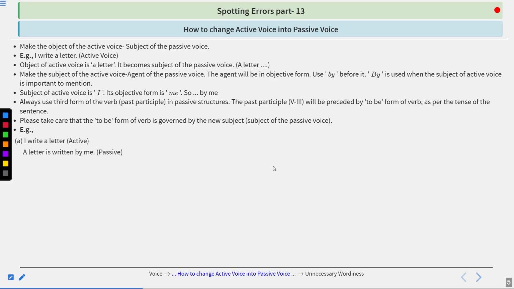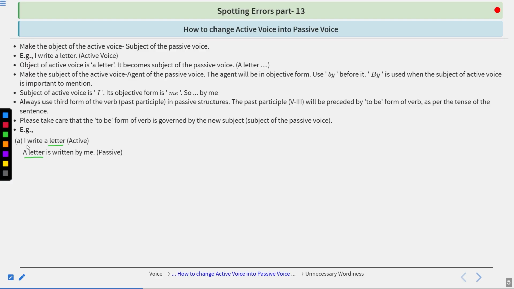Example: I write a letter, which is an active voice sentence, and we have changed it into passive voice. As mentioned, a letter is written by me. So what we have done here is that the object, a letter, has become the subject in the passive voice. Other changes are that we have used me as an objective case after by.